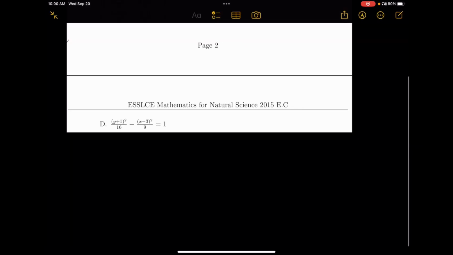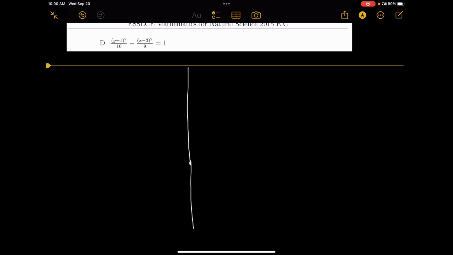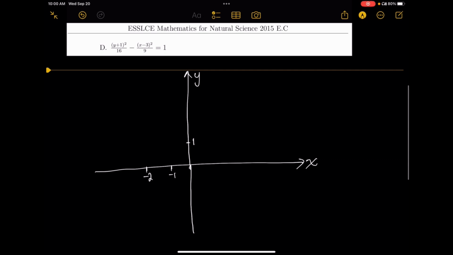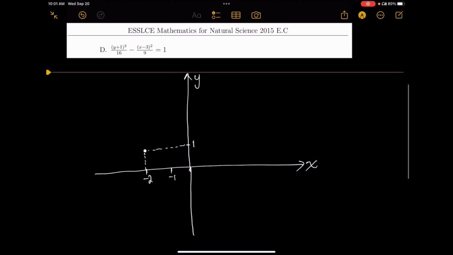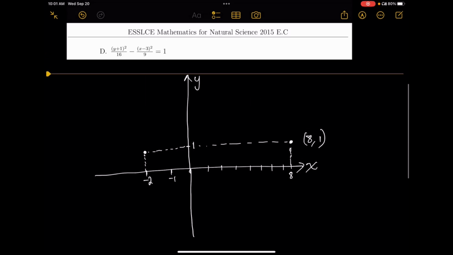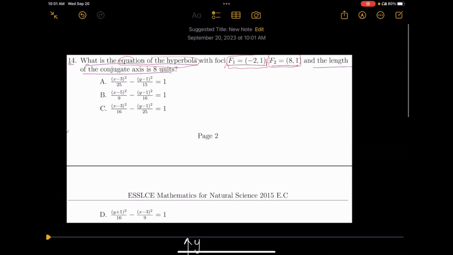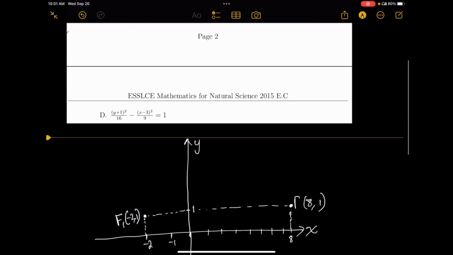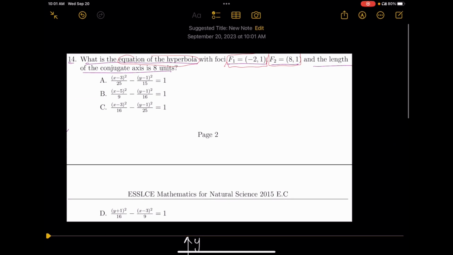First let's draw them. Now these are the foci of the hyperbola: -2, 1 is f1 and 8, 1 is f2. The other thing we are told is that the length of the conjugate axis is 8 units.